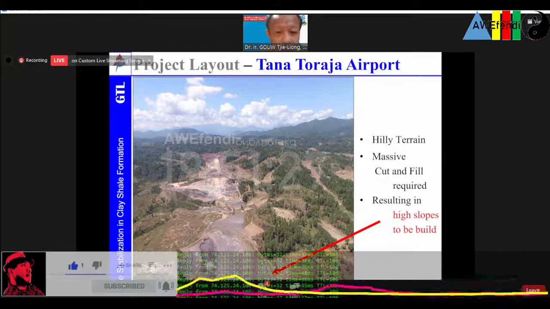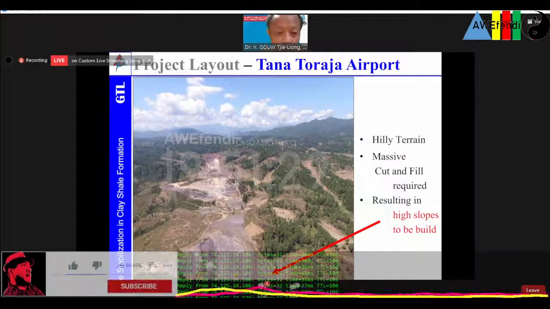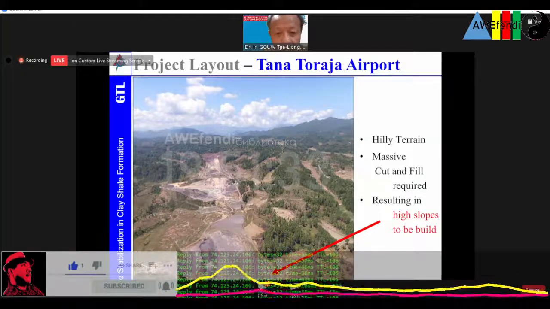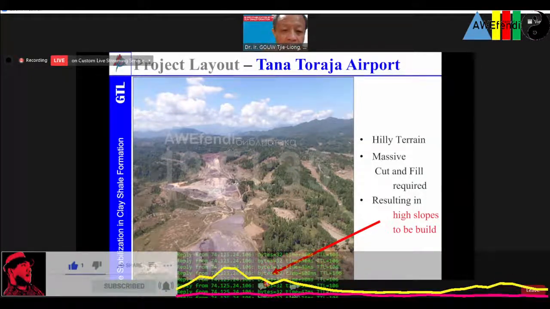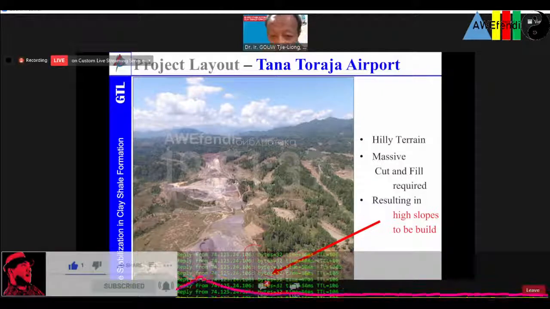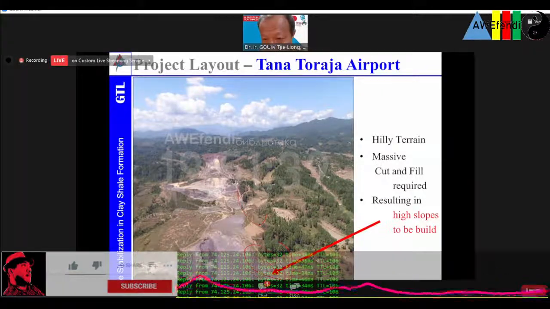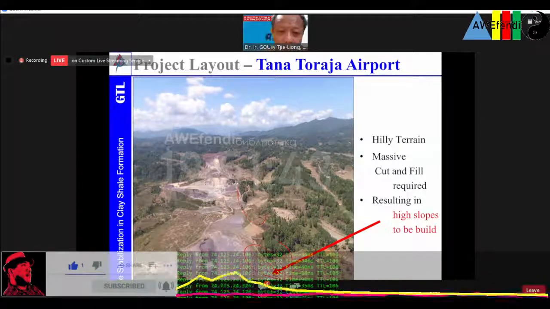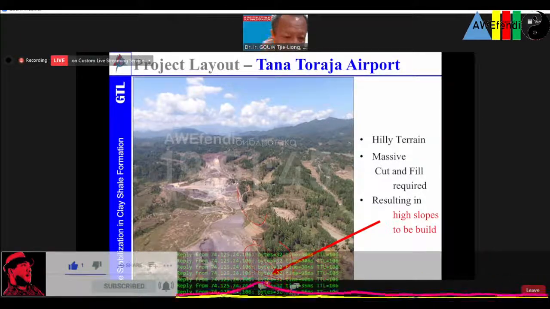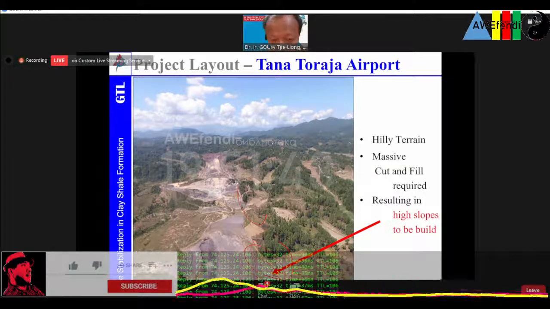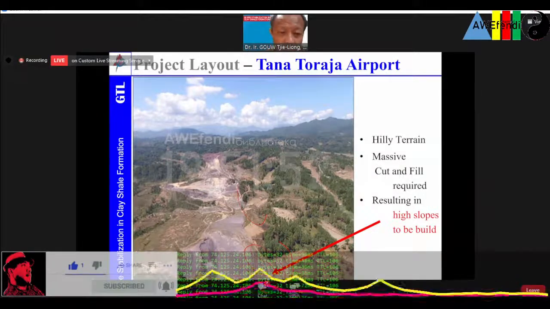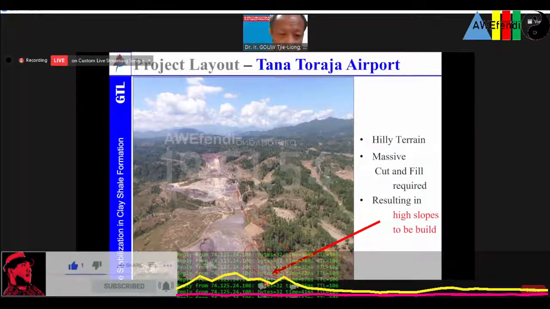The previous soil investigation showed that the SPT value is quite high, but upon excavation, this is the former excavation, and it's just collapsing. It's just a lot of collapsing. So high slopes have to be built, and if no measure is taken to stabilize the slope, a lot of failure can happen.